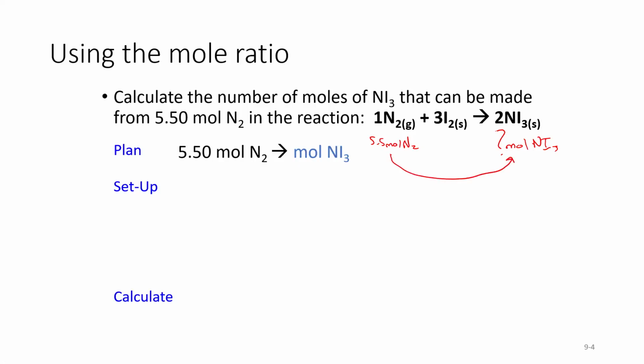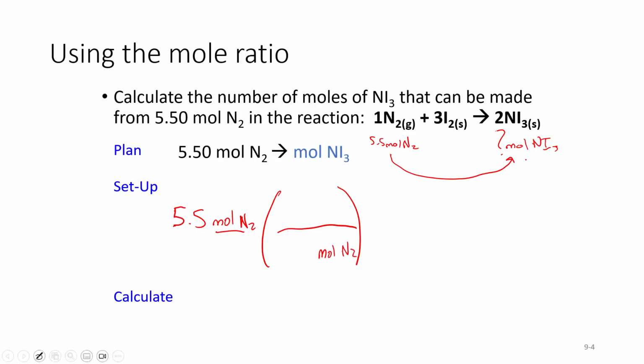So if we have 5.5 moles of N2, we're going to set this up like a conversion problem. So moles of N2 is on the top. We're going to put moles of N2 on the bottom.